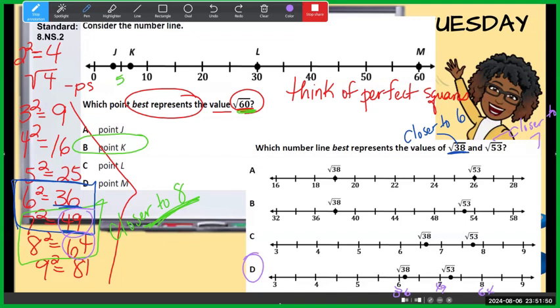Put your name, date, and then put your pencil down. Minute 3, go ahead and put name, space, date.